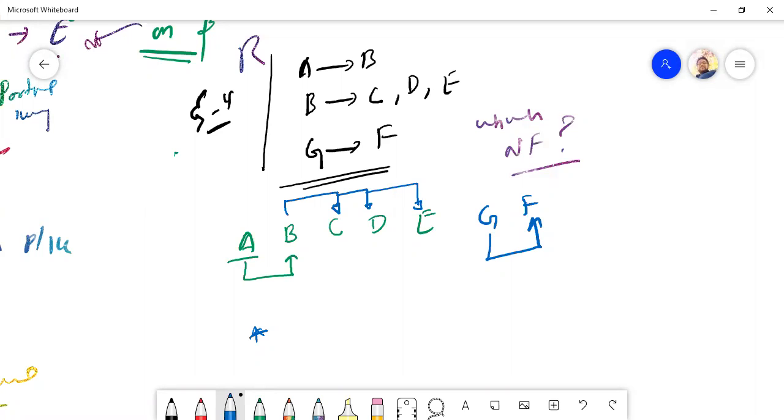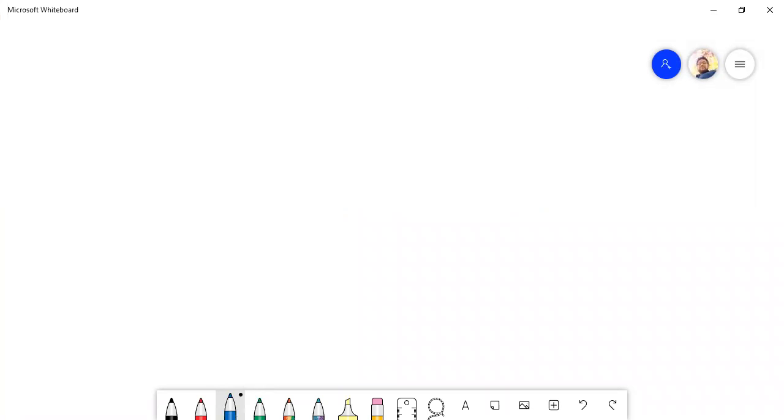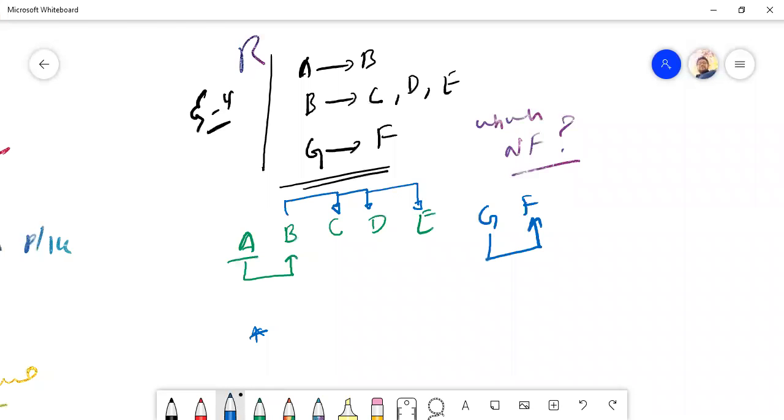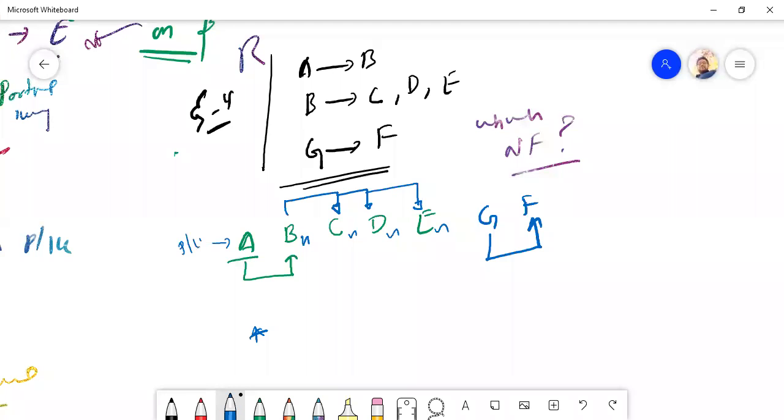Now you can see B, C, D, E are all directly depending on the primary key. If it is depending on the primary key, no problem. This is functionally depending on the primary key.